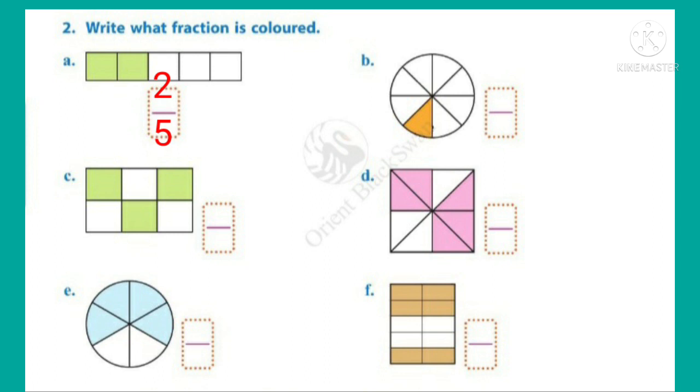So the fraction is equal to 1 by 8. And question C, how many equal parts are there? 6 equal parts. And how many colored parts? Yes, 3 colored parts. So the fraction is equal to 3 by 6.